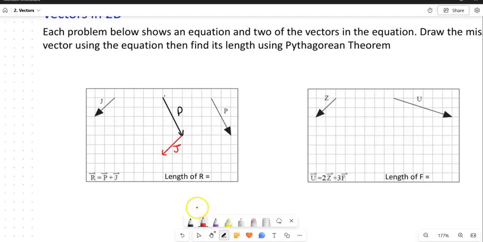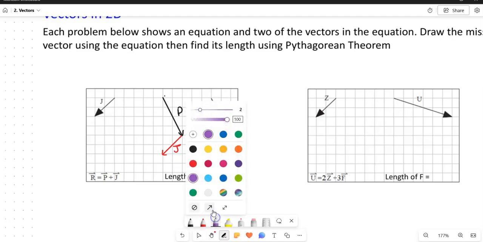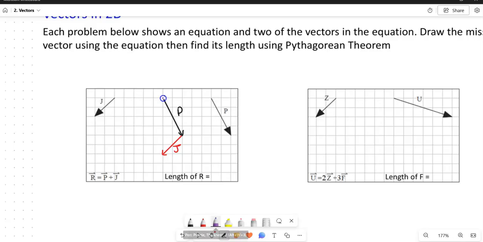And you don't have to do Pythagorean's theorem every time. If you do have it aligned to the coordinate system, just go ahead and count that out, right? So in this case, when you add these two vectors together, they are going to be pointing straight down a total of 1, 2, 3, 4, 5, 6. So that's going to be -6.